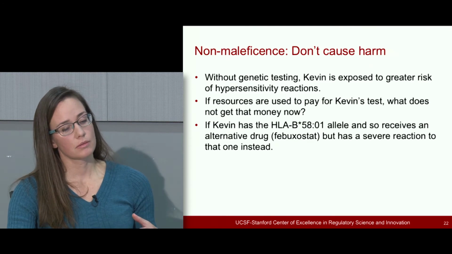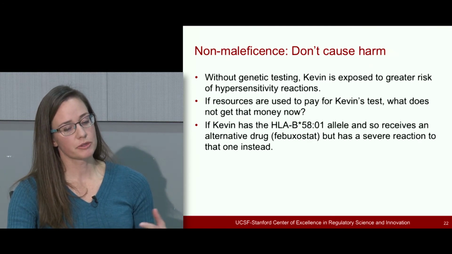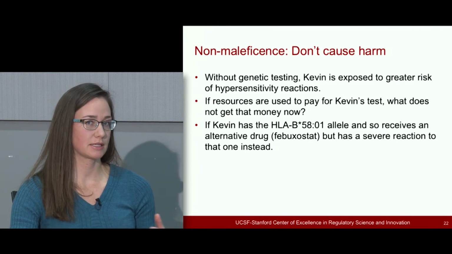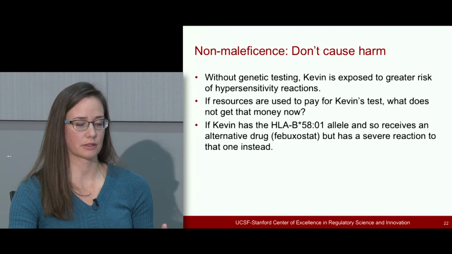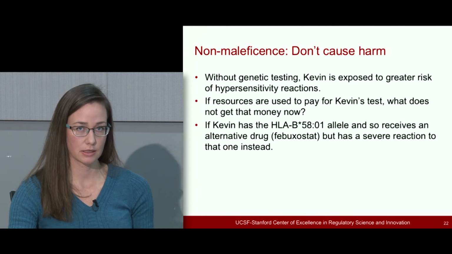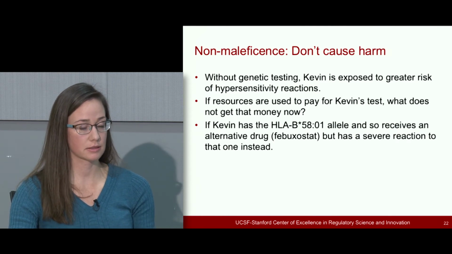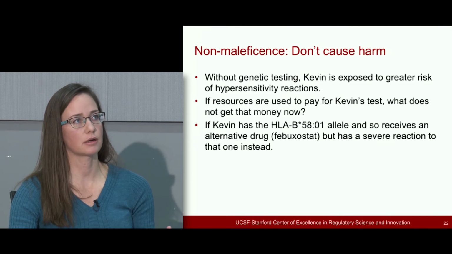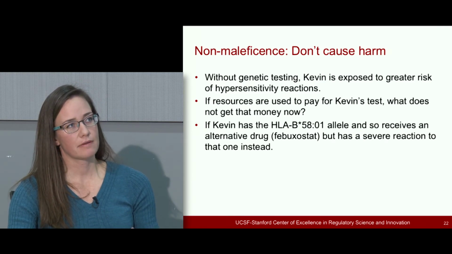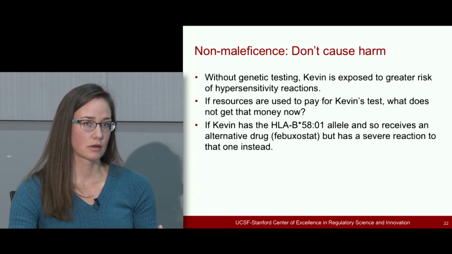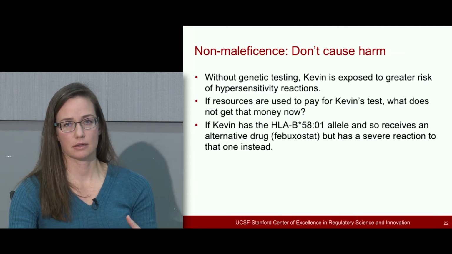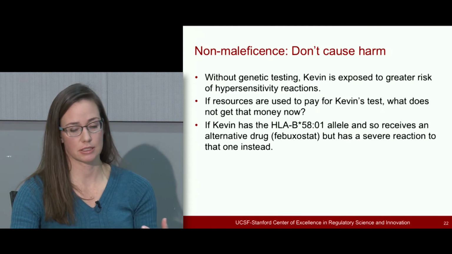And this alternative drug, febuxostat, is also associated with hypersensitivity reactions in some cases. But we don't understand the risk factors for hypersensitivity reaction to that drug as well as we understand allopurinol. So if Kevin does have this risk allele and we give him a different drug, what happens if he instead has a severe reaction to that drug?